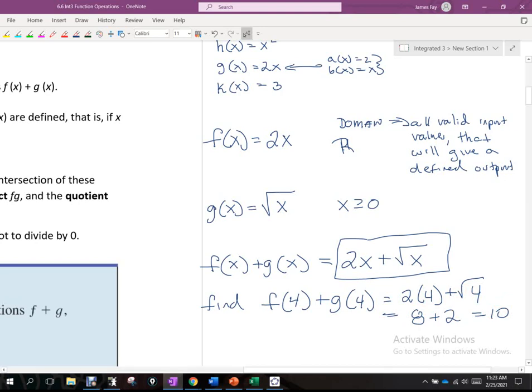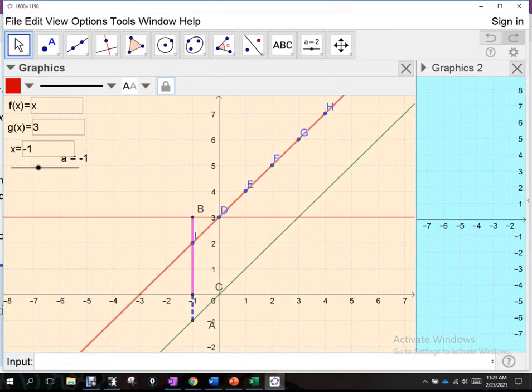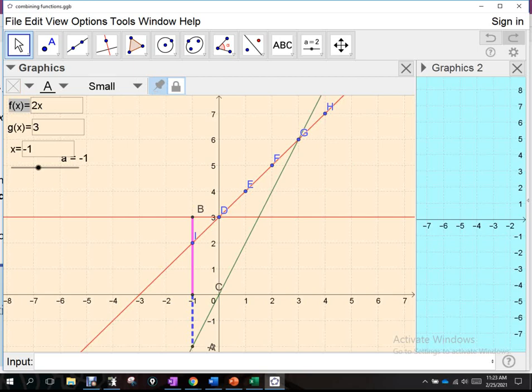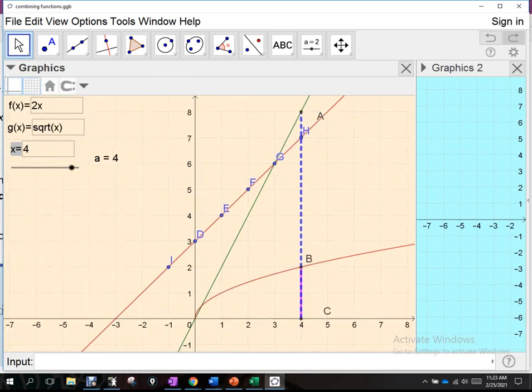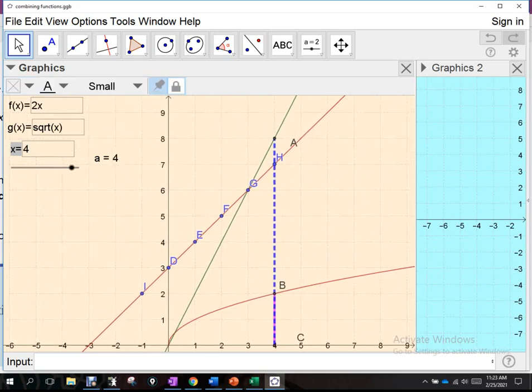Okay. So let's see if that makes sense visually. Going back over here, we had f of x was 2x. Let's say g of x is square root of x. And now I want x to be 4. Okay. We're getting a height here of 2 for that purple line. I want to get rid of this red line. That's not the one we want.